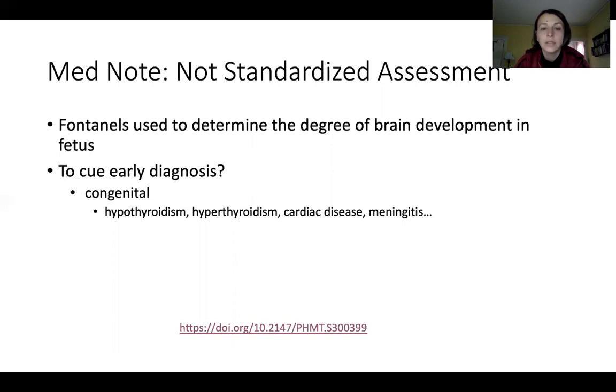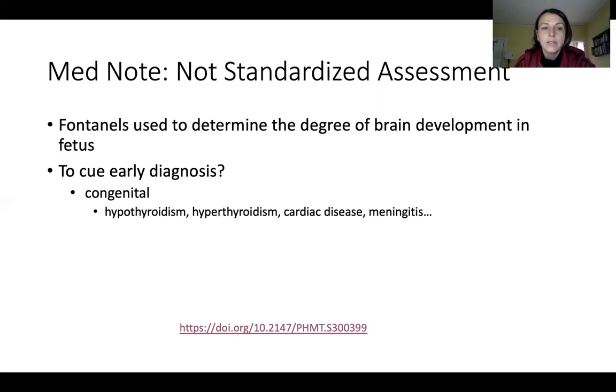So this is a hyperlink here. It's an article on research to try to help decide if we can actually do early diagnosis of these things based on the measurements at birth.